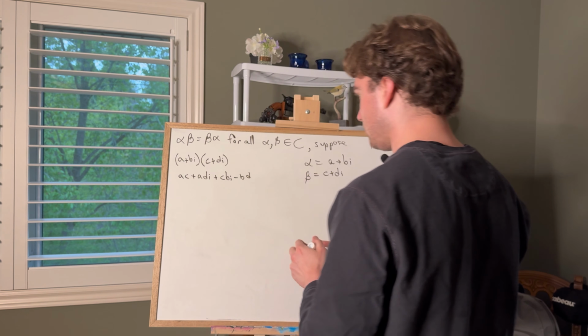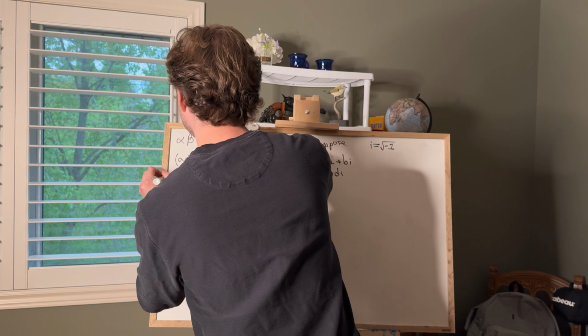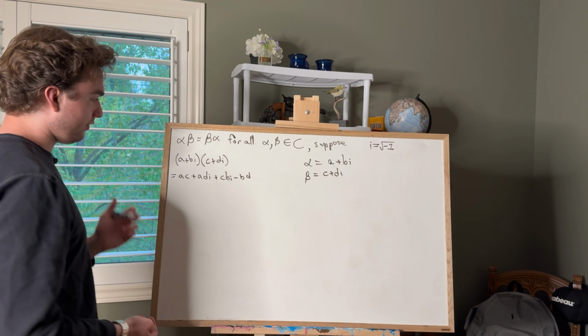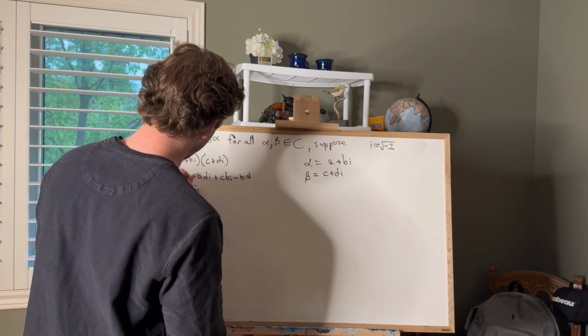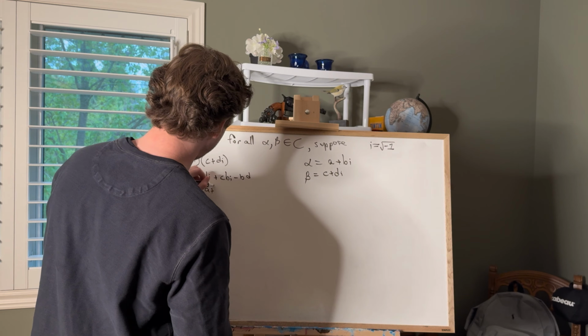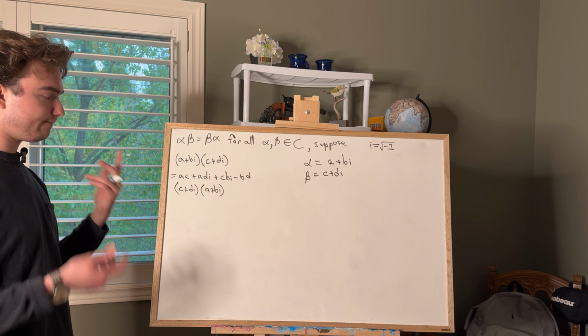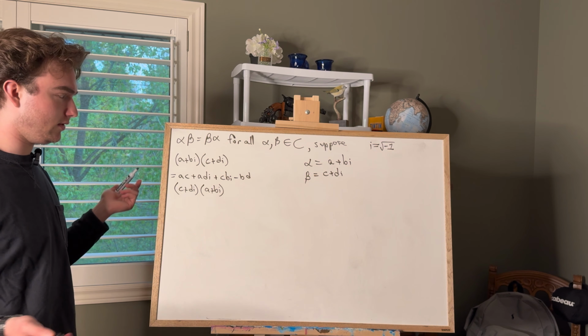And that should make sense to everybody, kind of similar to what we did yesterday. And beta alpha, well, it's just going to be c plus di times a plus bi. So it should be pretty easy to see why these are going to be equal to each other, right?